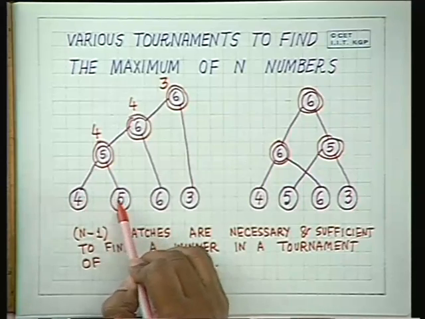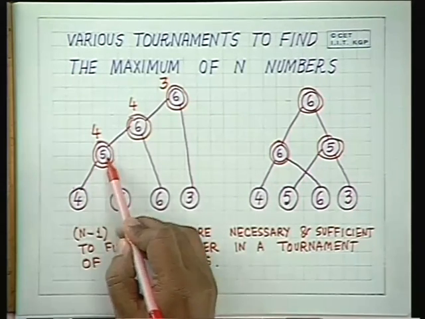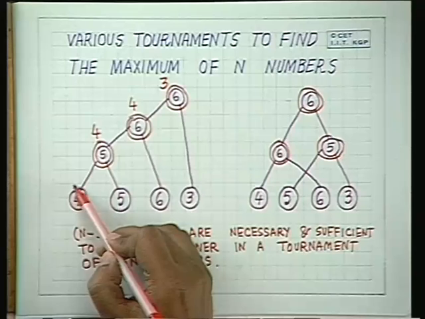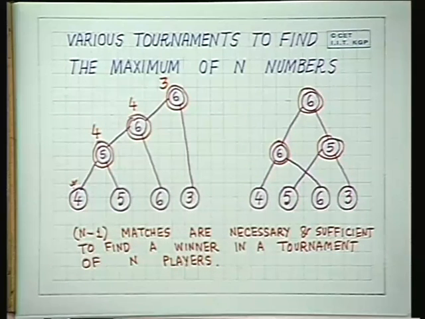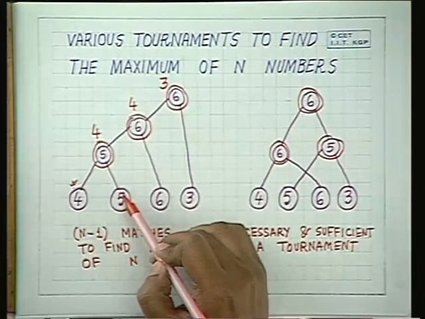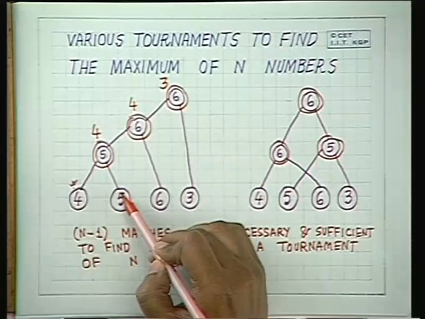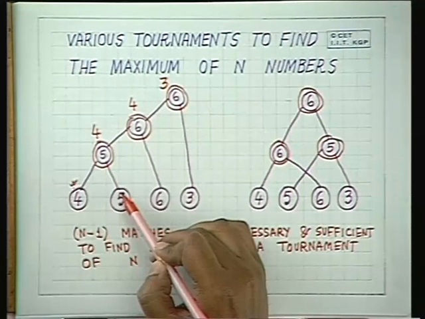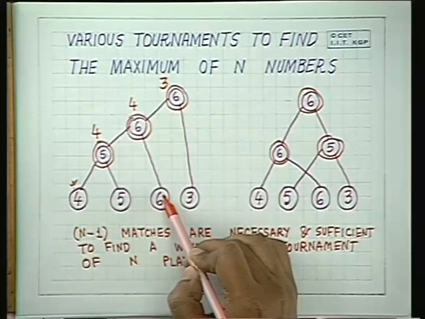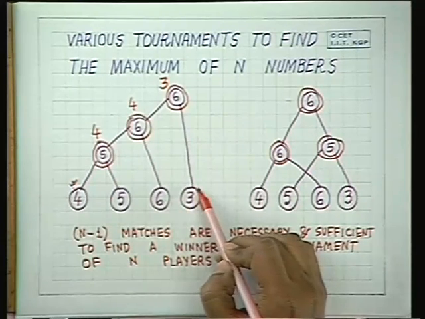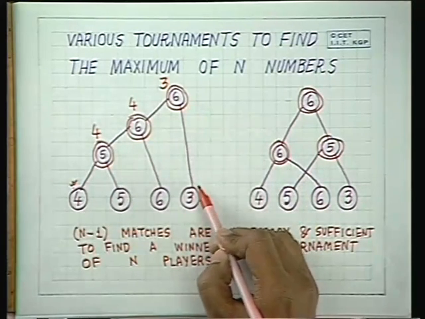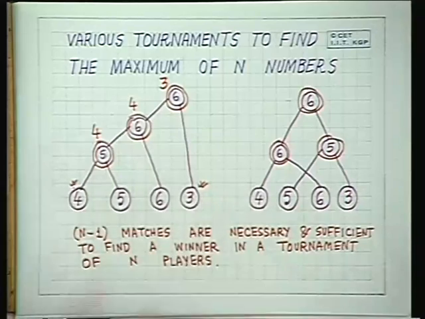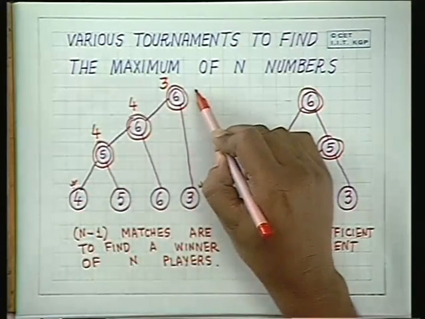So now 4 and 5, 4 has lost to 5. So 4 must be there to compare. Now 5 has won. So if 5 has won even a single match, 5 cannot be among the minimum. 6 has won, 3 has lost. So you need to compare between 4 and 3 only, and that's what we did around here.